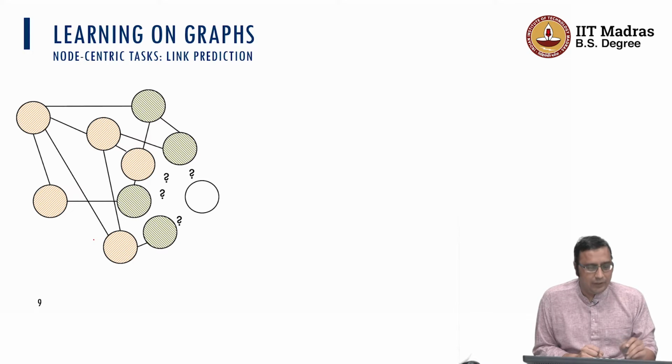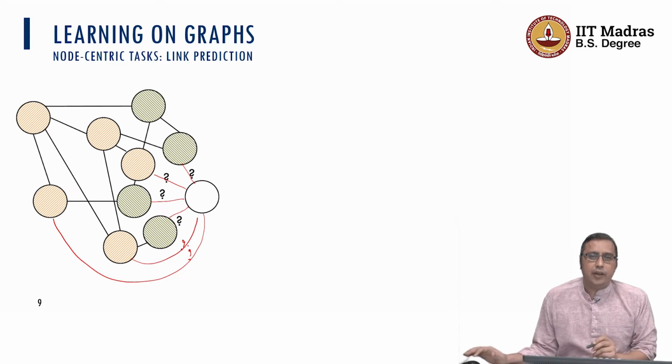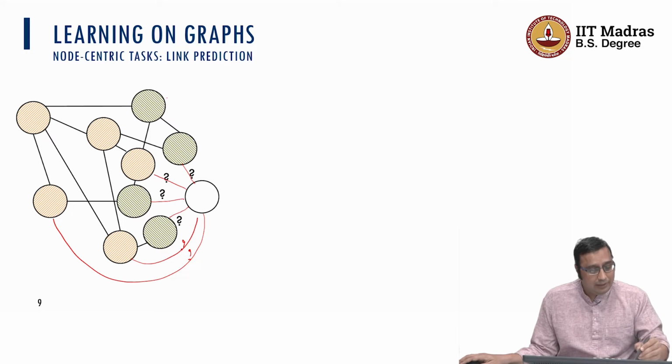So, I want to predict whether there is a link between these two, these two, or these two, or maybe this or this one. Here we want to find out whether there is an edge between two nodes or not, if it is missing, using the edge connectivity and the node connectivity available to us in the existing graph.